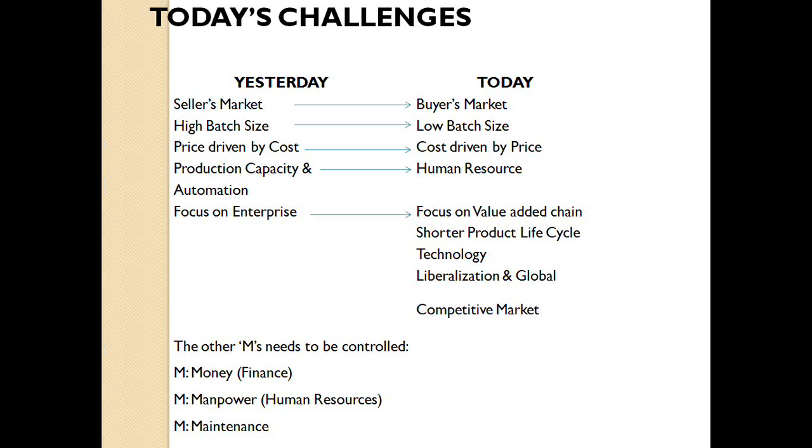Production capacity and automation was there. Today human resource is a factor. The focus was on the enterprise, focus was on value added chain, shorter product life cycle, liberalization and global competitive market. The other aims also needed to be controlled, like money, manpower and maintenance.